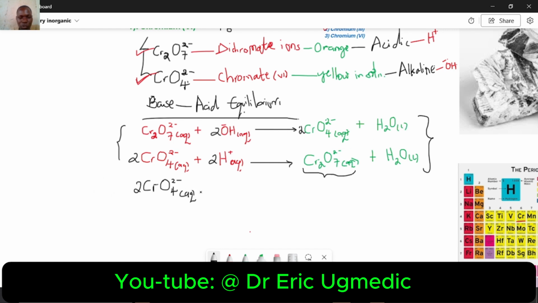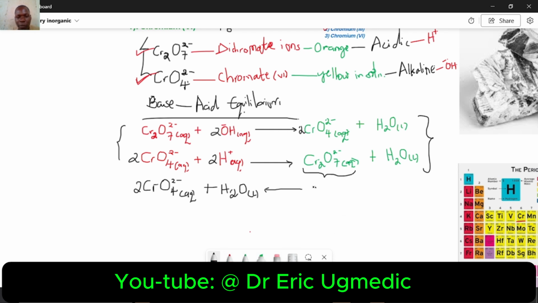We have water, which is a liquid, and this was actually coming from the reaction of dichromate with alkaline medium.